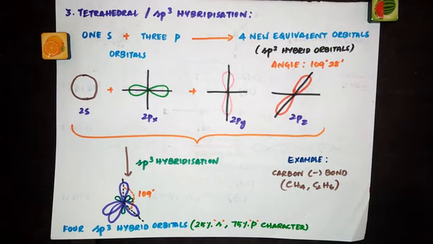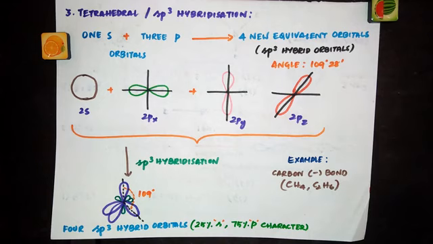So remember, there are 3 types of hybridization: sp, sp2 and sp3. In the case of sp, 1 s and 1 p are undergoing hybridization, and 2 p orbitals are left unhybridized. And what will be the bond angle? 180 degrees. Not the bond angle, the angle between the hybrid orbitals.